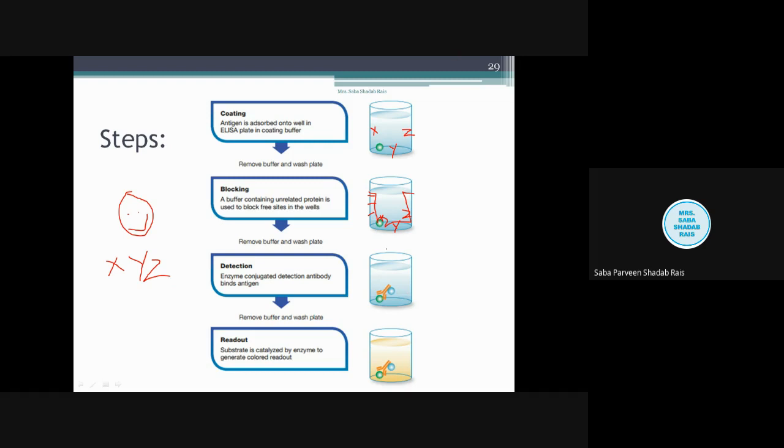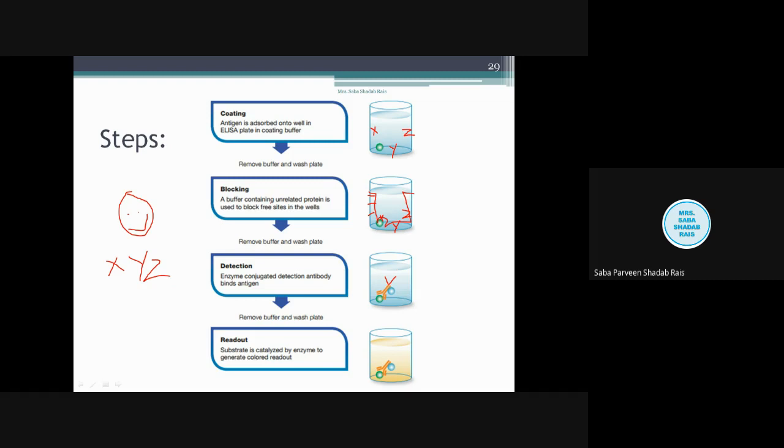These properly designed antibodies are made by a special type of cell called the hybridoma cell. With the help of hybridoma cells, special types of antibodies are designed in the laboratory.